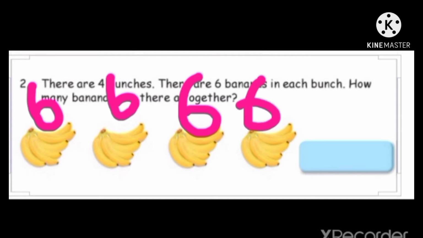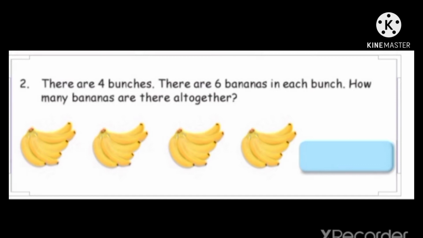So 4 groups of 6 bananas. Now we are going to add the total of the groups. Here 6. Here 6. 6, after that 7, 8, 9, 10, 11, 12.